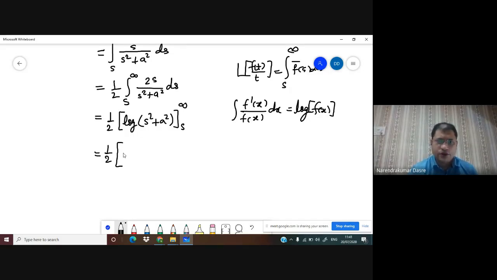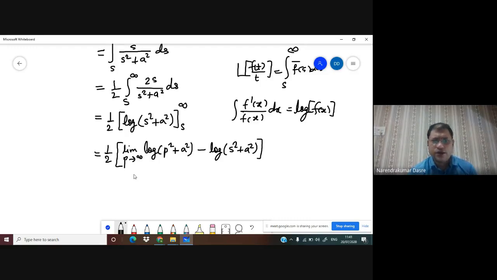What we can do is write limit p tends to infinity of log of p square plus a square minus log of s square plus a square. Okay, so this is how you have to write the expression.